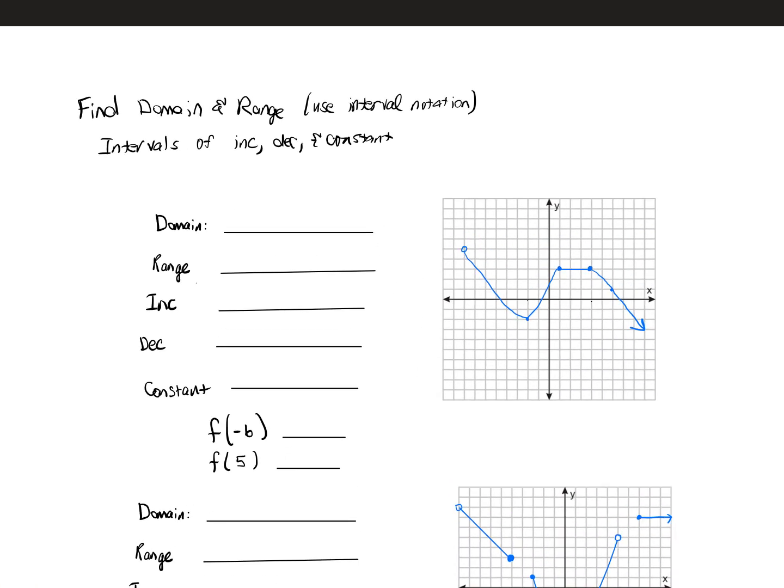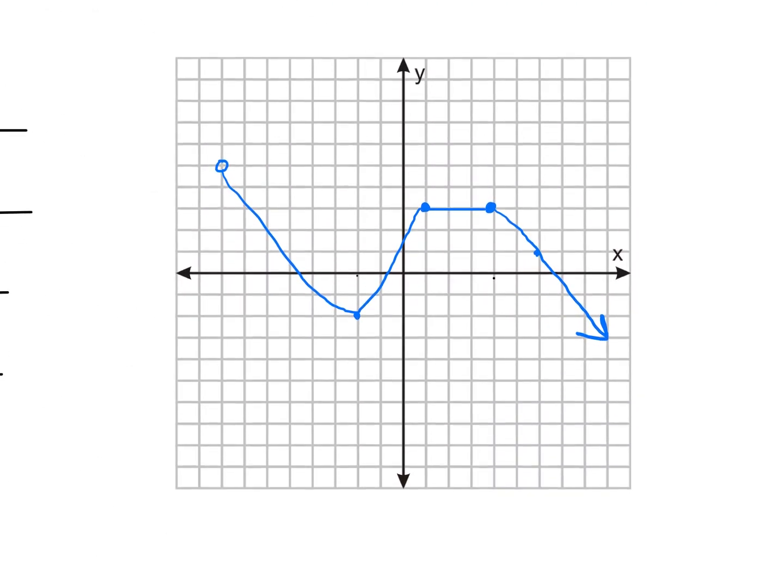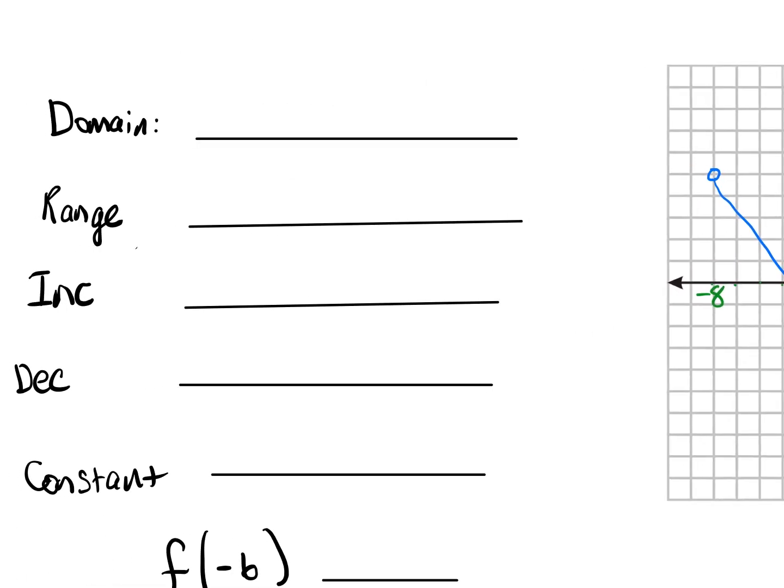All right, so let's start with our domain. Domain, we go from left to right. What is our smallest x value that we have here? -8. Domain, you're only looking at the x values. So our smallest x value is -8. Would it be a bracket or parentheses?